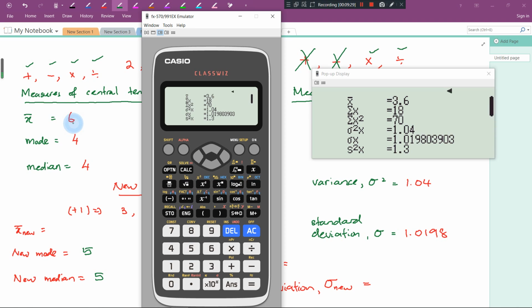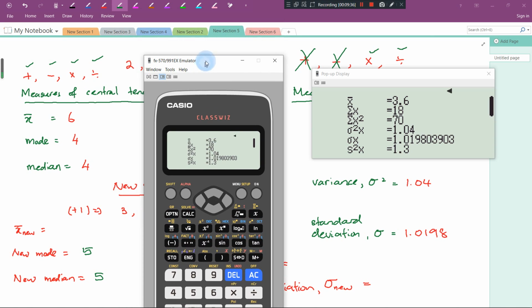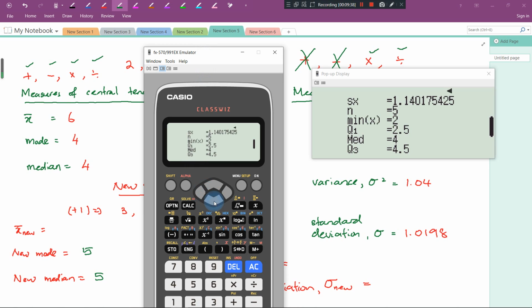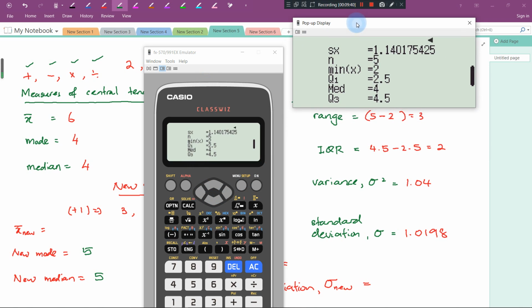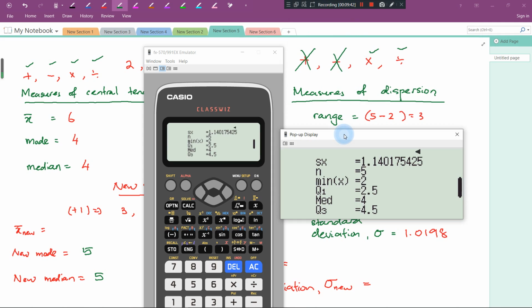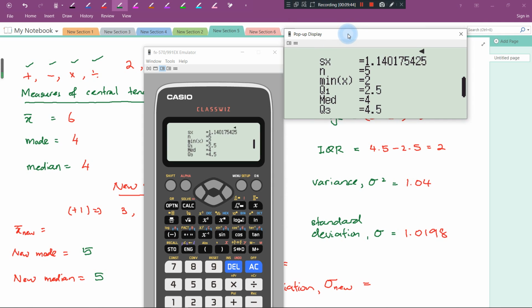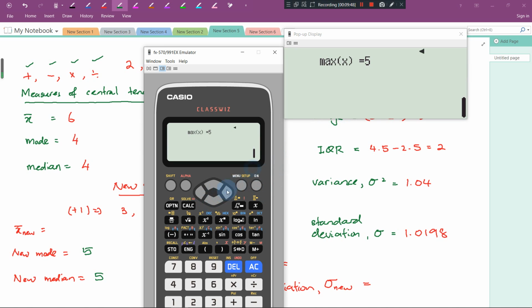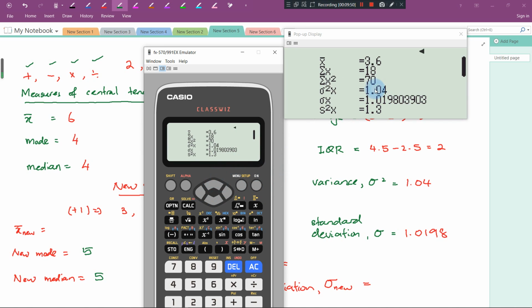Here it is 3.6. So how about the rest? Correct? Mode, no problem. Median should be correct. Let me check the rest. Range. Interquartile range, 4.5 minus 2.5. Variance, 1.04.